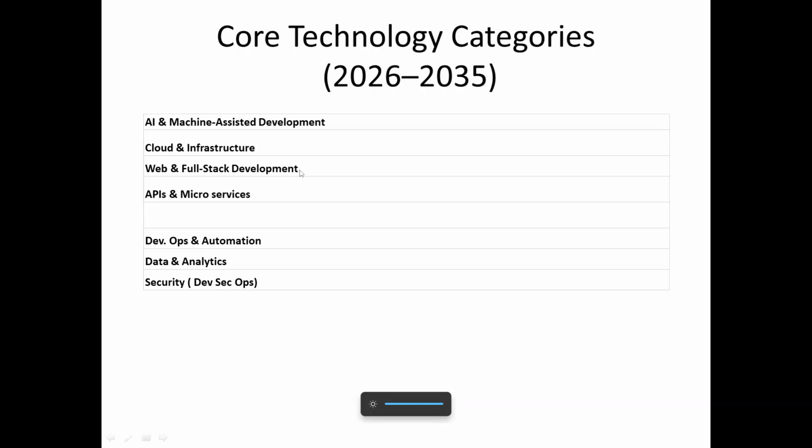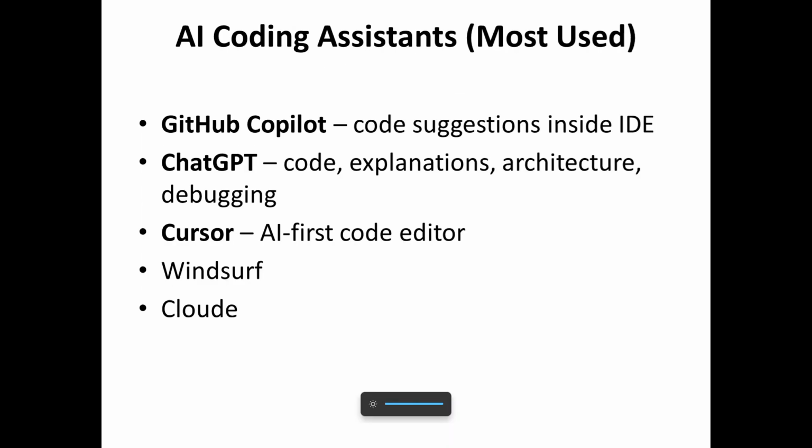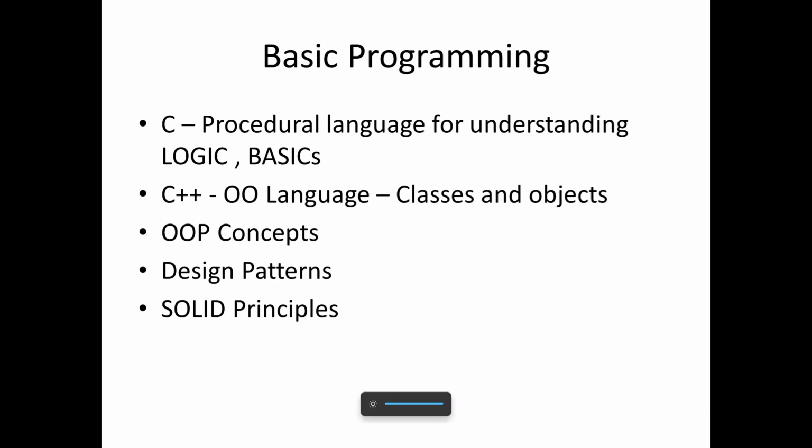Even if you are going to become a full stack developer, these three or four things are by default there, and you should be familiar with API, microservices, cloud infrastructure, as well as AI and machine assisted development. To become a good full stack developer, you should know these things. But before you know these coding assistants, you should know the basics of programming.